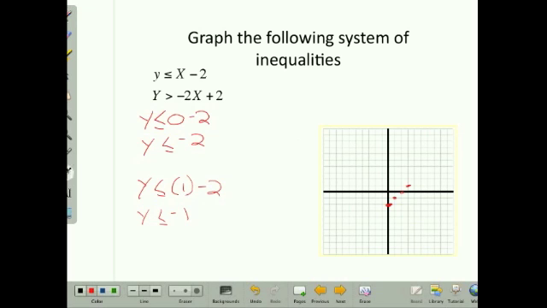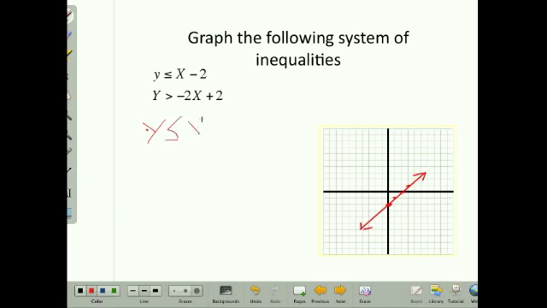Now, because this inequality has an equal line underneath it, I'm going to make this a solid line. Y is less than or equal to x minus 2. I'm going to pick 0, 0.